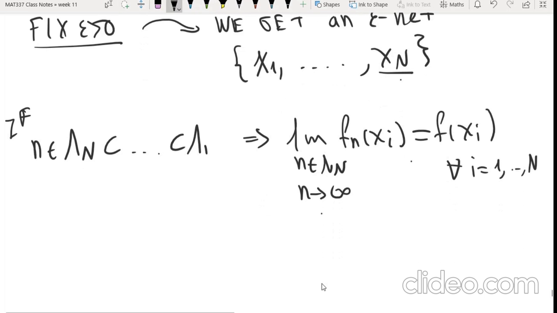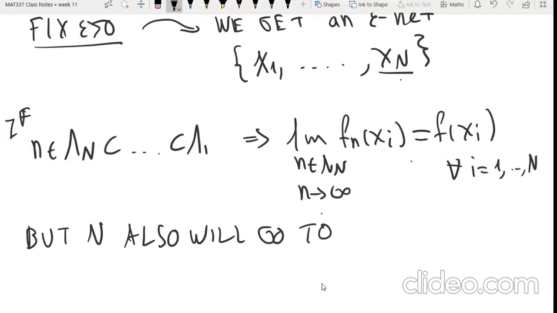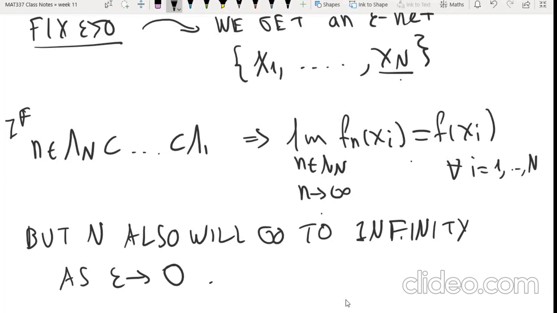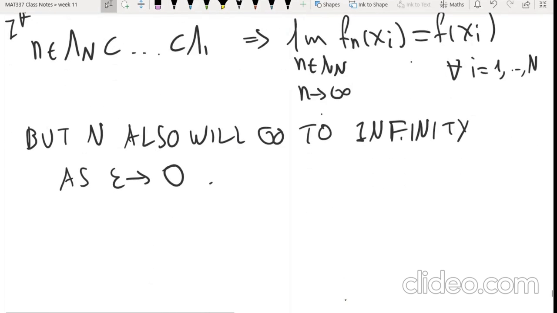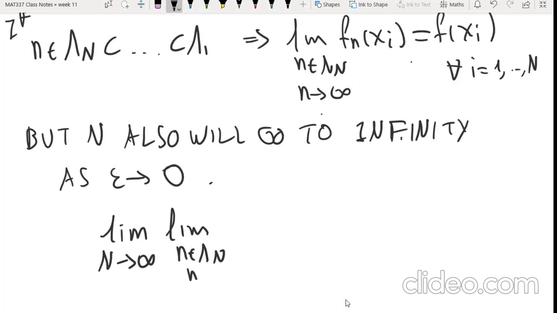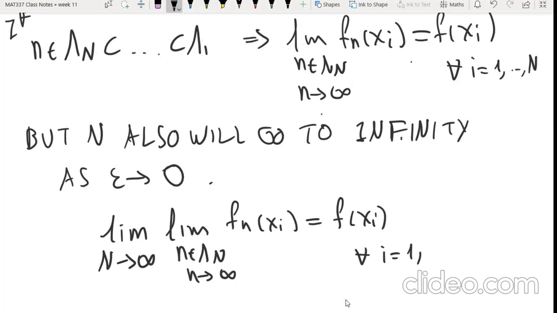But why do we diagonalize? Yes, but n also goes to infinity as epsilon goes to 0. So what we're doing is taking the limit, and then the limit of lambda_n. That's really what diagonalization is, for all i from 1 to infinity.